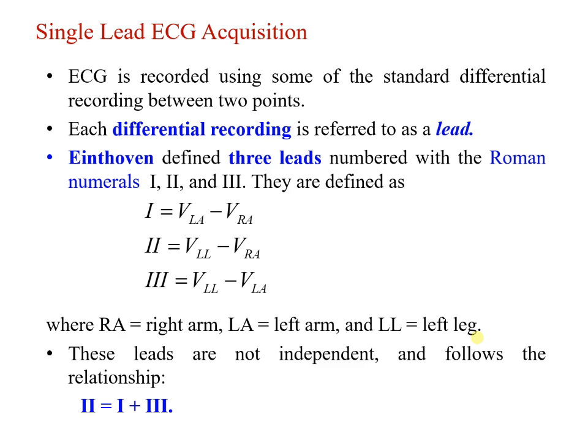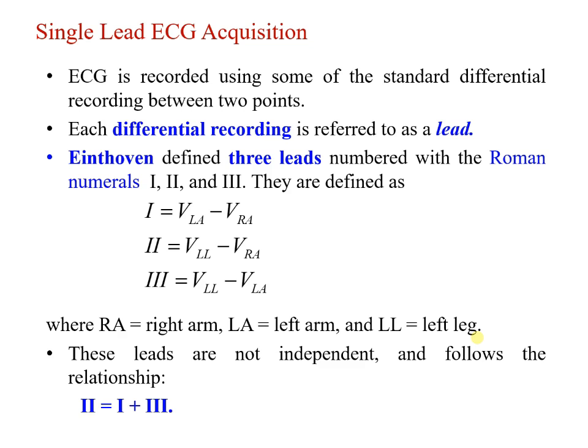Differential recording means you are just calculating the potential difference between these two points. Each differential recording is referred to as a lead, but the points that you use for the recording must not be random.